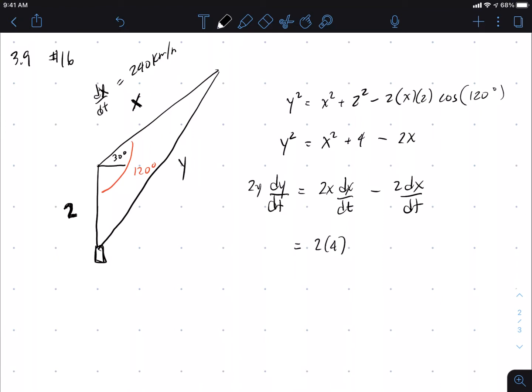So then what we're going to get is 2 times 4 times 240 minus 2 times 240 is equal to 2y dy/dt. Right? Yes. But now we need to go and find our y. Well, we can find our y from right here. Right?